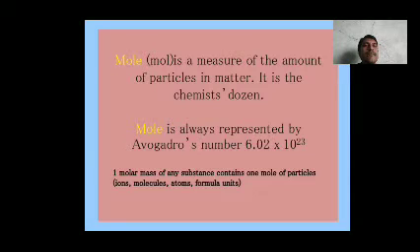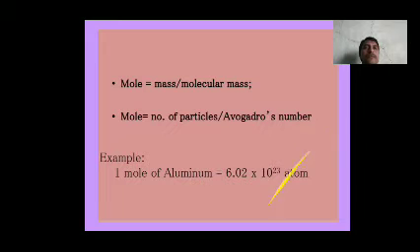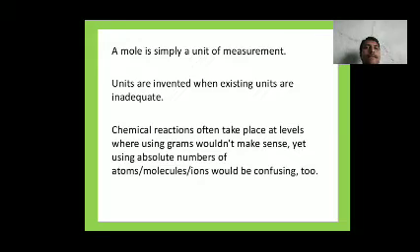It is the chemist's dozen. Mole is always represented by Avogadro number 6.02 into 10 to the power of 23. Mole, that is equal mass, molecular mass, number of particles, Avogadro number.